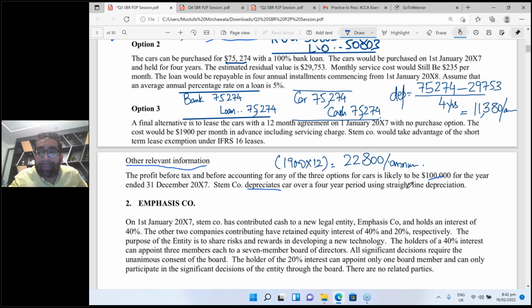So this 100,000 is before taking anything. That means you have to deduct each and everything which I just taught you from this 100,000 yourself.